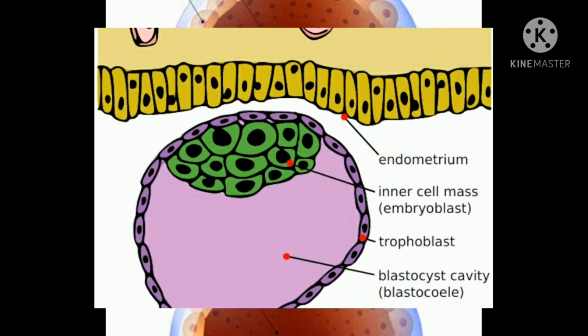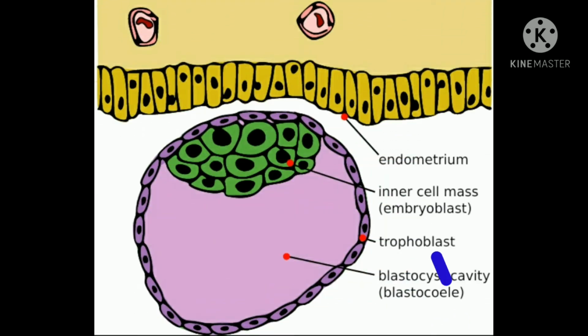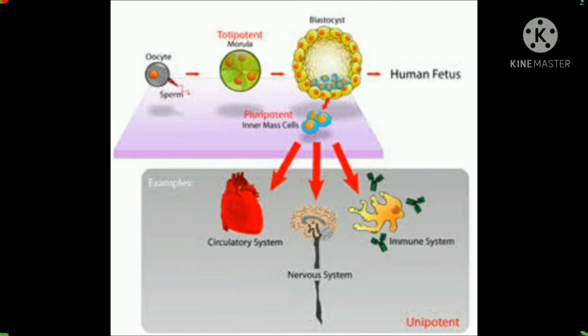The blastocyst possesses an inner cell mass which subsequently forms the embryo. The outer layer of the blastocyst consists of cells collectively called the trophoblast. The inner cell mass consists of embryonic stem cells that will differentiate into the different cell types needed by the organism.